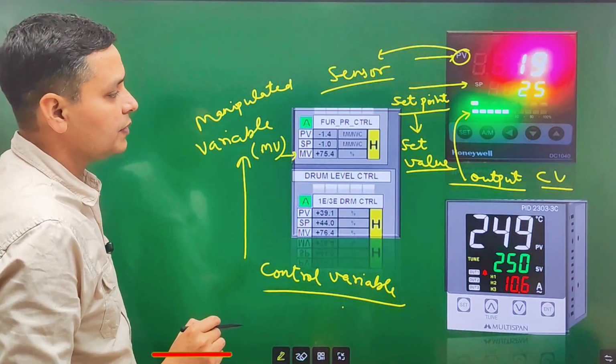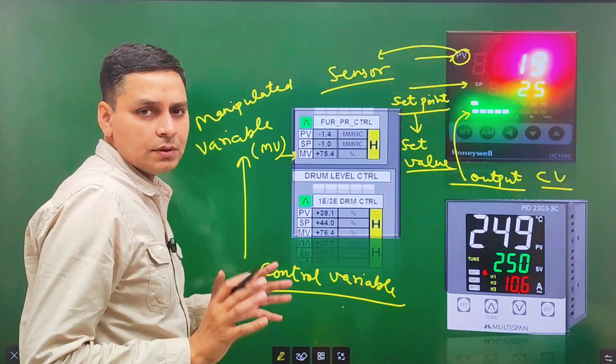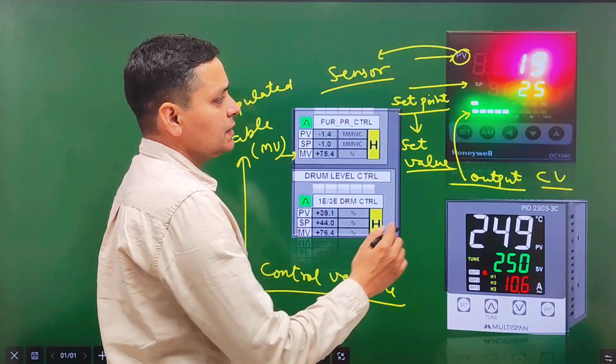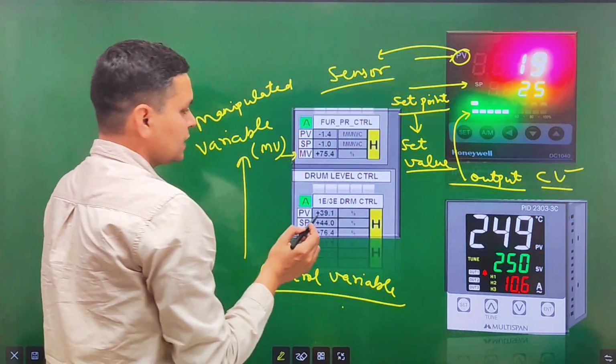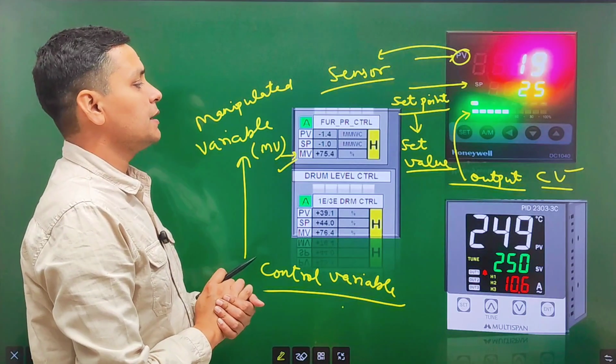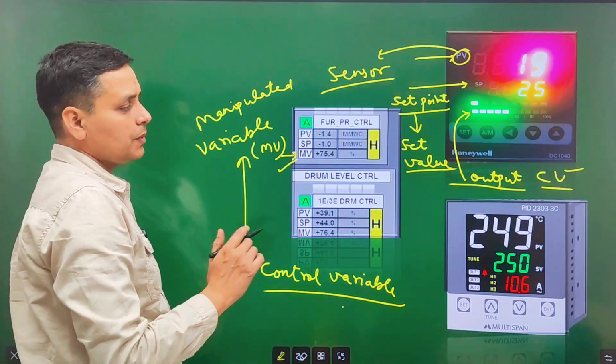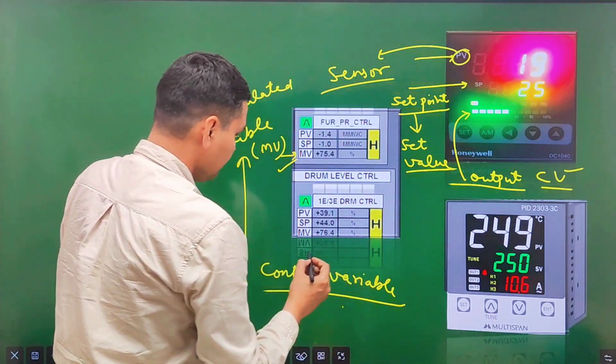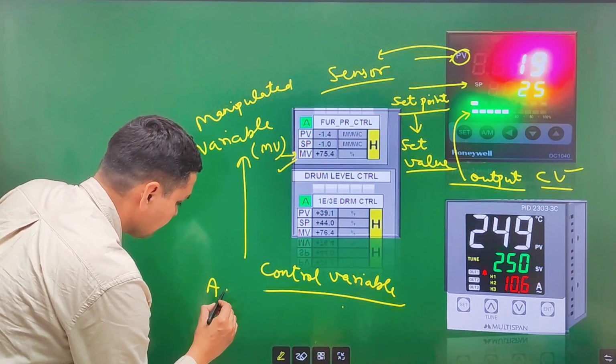Here you can see MV is written. So sometimes you will see CV is written, and sometimes you will see MV is written. It is the output of the PID controller, and this output of the PID controller is given to an actuator.